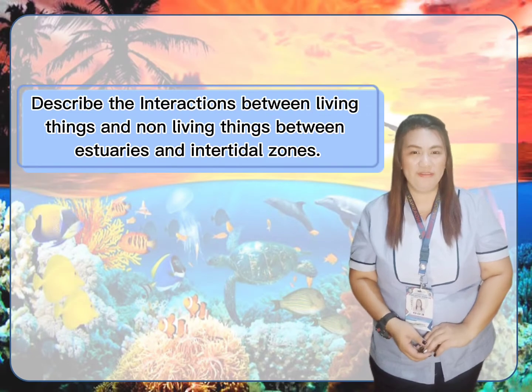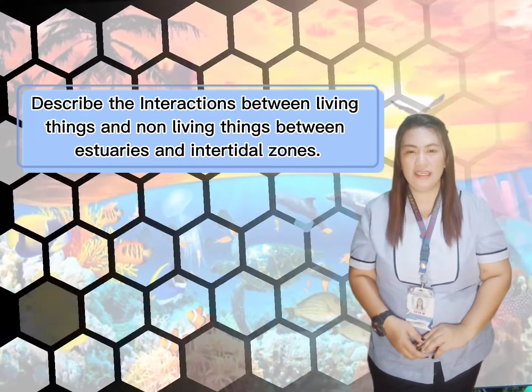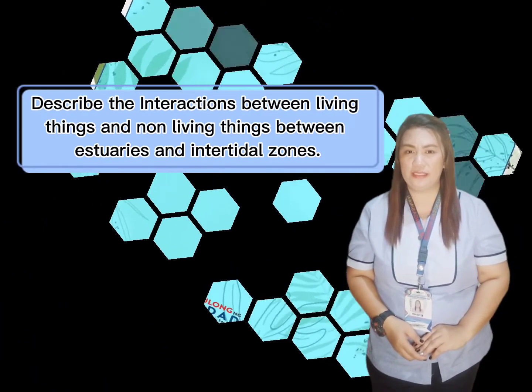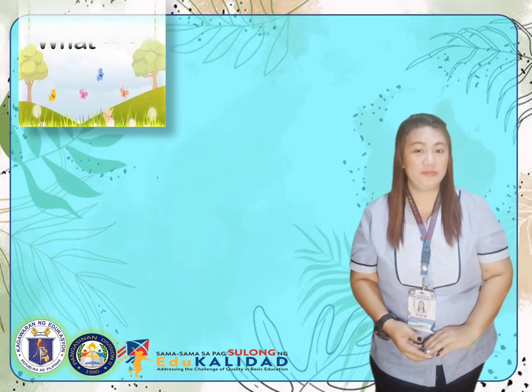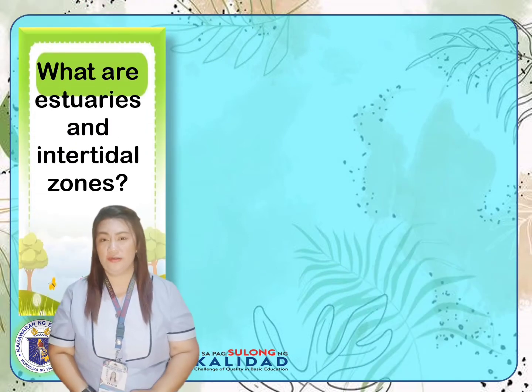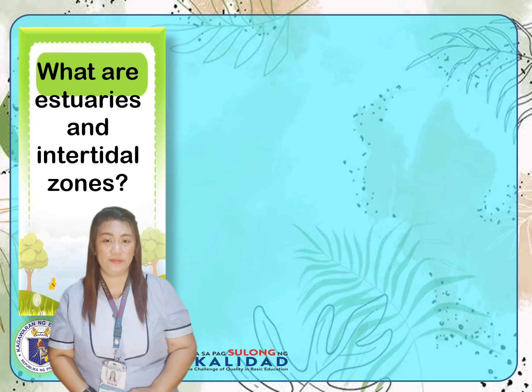This module will tackle the interactions between living things and non-living things in estuaries and intertidal zones. As we go along the way, we will be guided by the 3 guiding questions, which are: what are estuaries and intertidal zones?